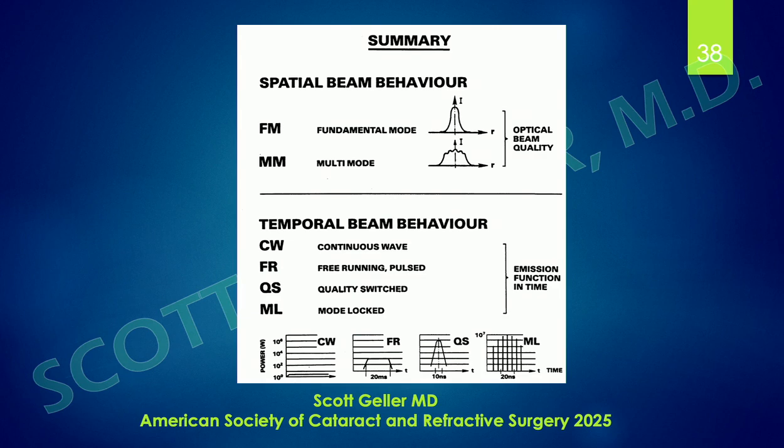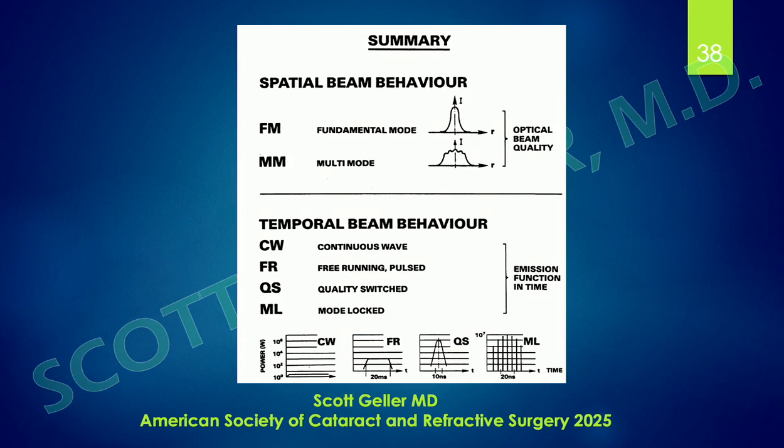What is the temporal beam behavior, or the timed beam behavior? Well, we have continuous wave lasers. A continuous wave laser would be the argon laser, which has a little mechanical shutter, but it's always on. A free-running laser can also be a YAG laser, which is pulsed.